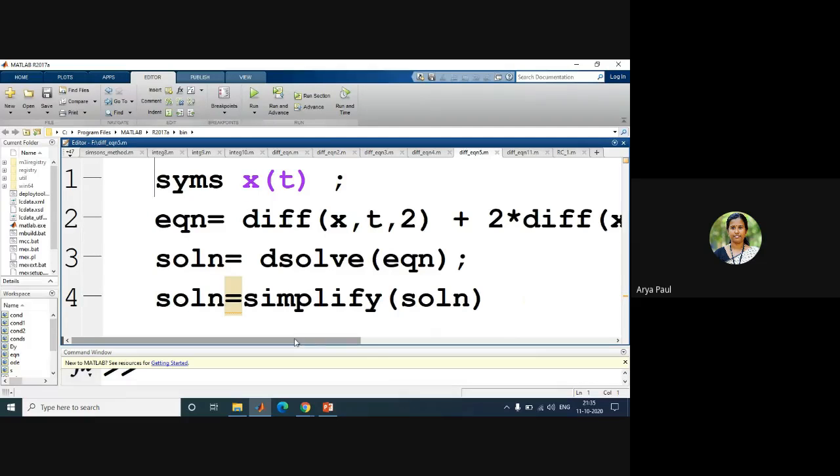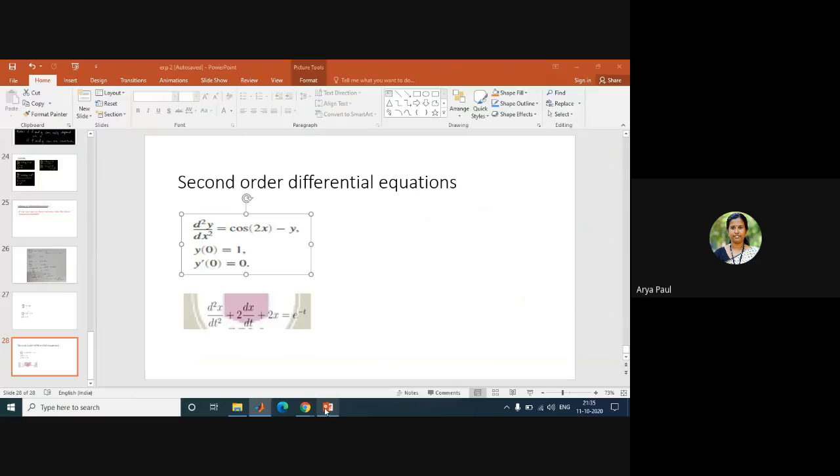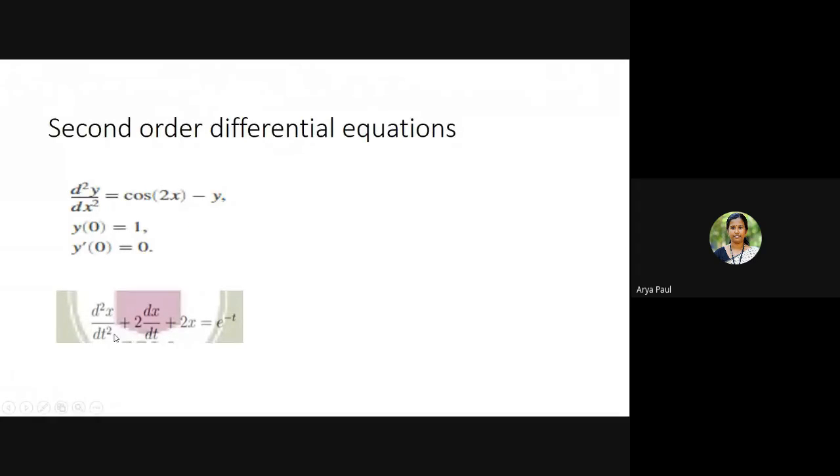Now this is another example. Second example: d square x by dt square plus 2 into dx by dt plus 2x is equal to e raised to minus t.